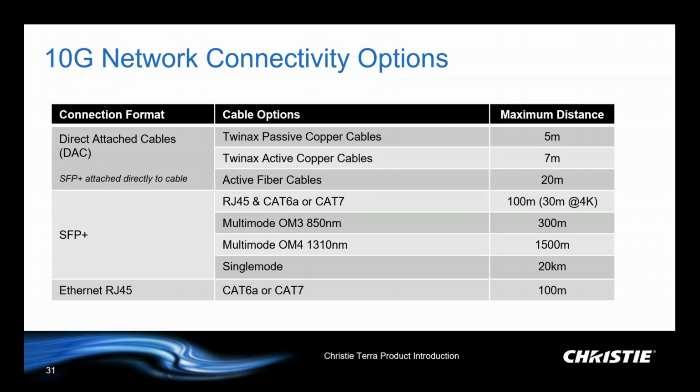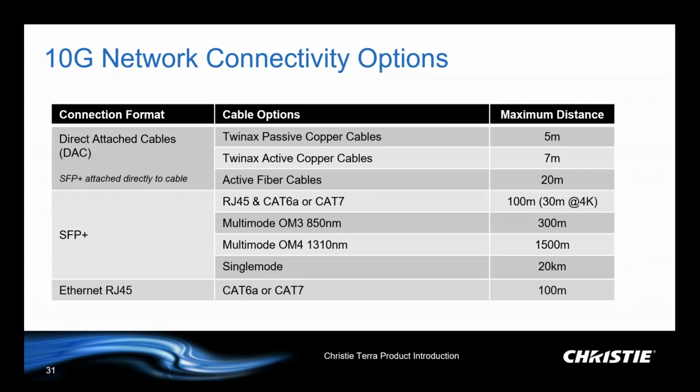There are twin-ax or direct attached cables, which have the SFP plus transceiver directly attached to the cable, and they exist in different lengths, in either copper or fiber.